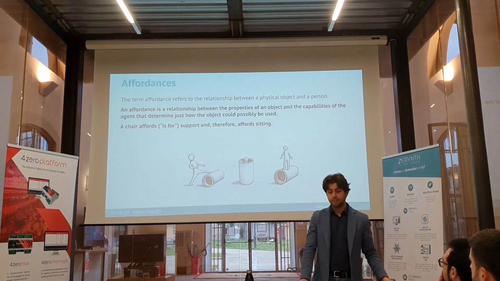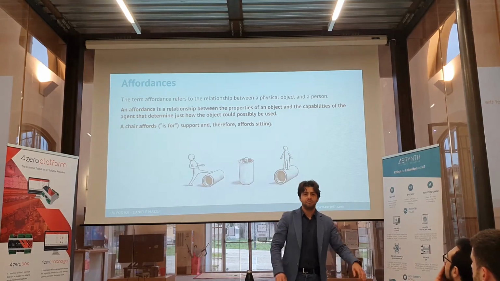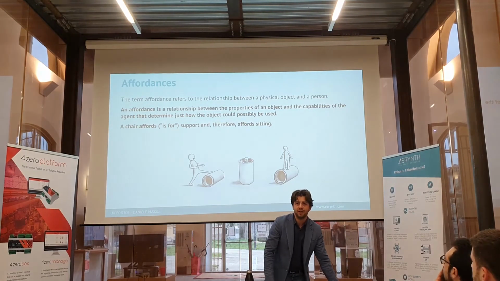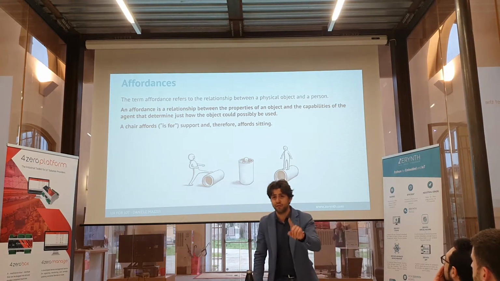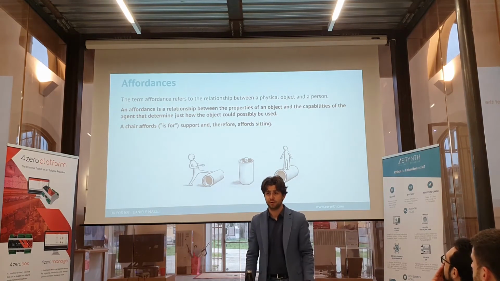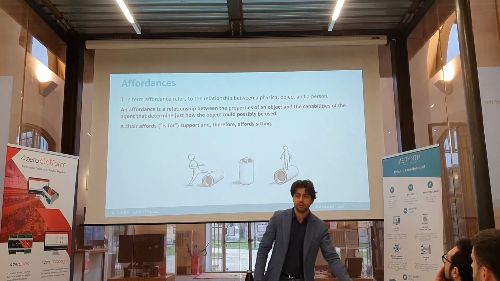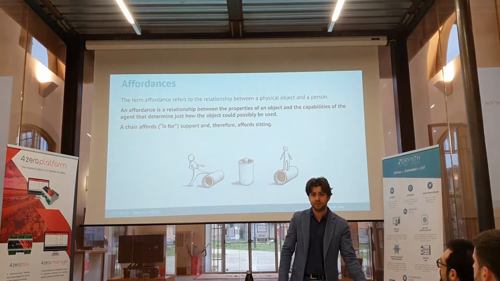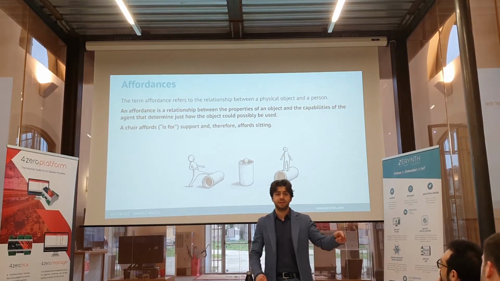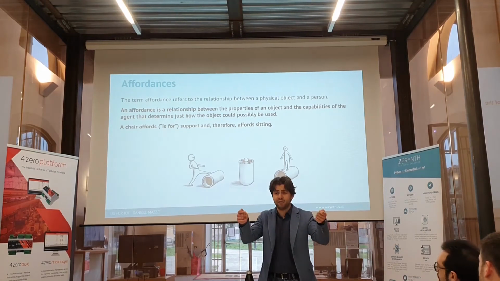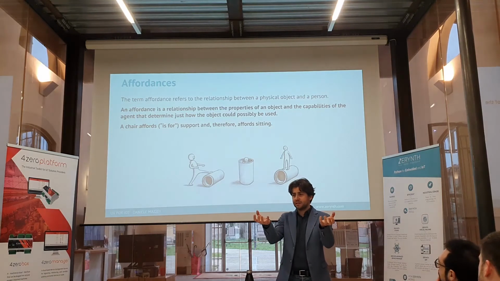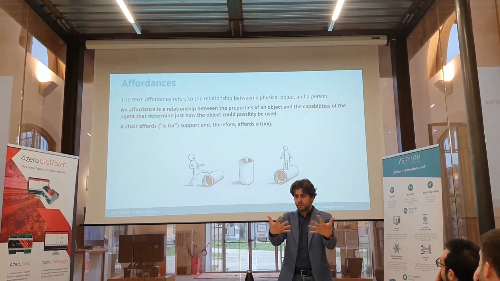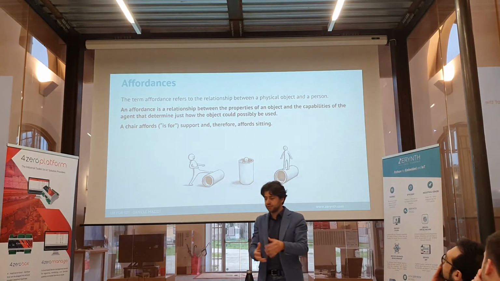But if you are a tiny child, 1 year old, this chair doesn't afford sitting anymore, because you are not able to walk on top of it and sit on it. So it's a relationship. Affordances are relative and depend on the couple, on the joining of these two properties.